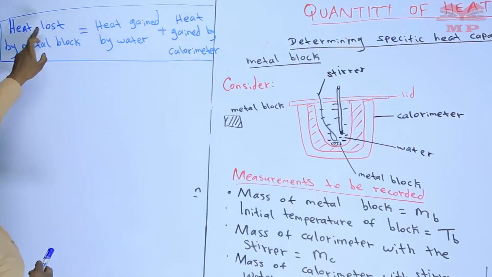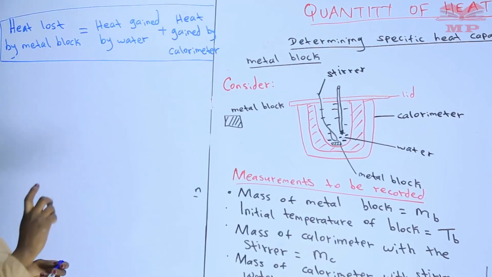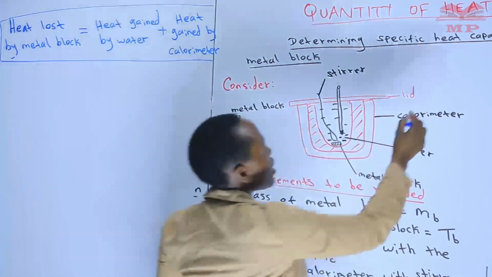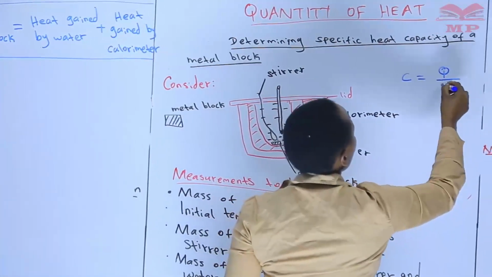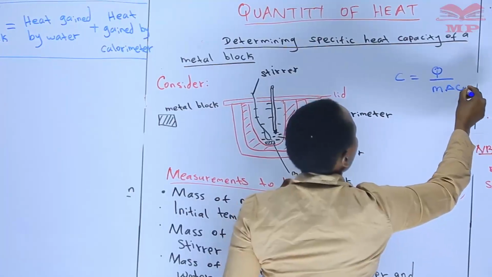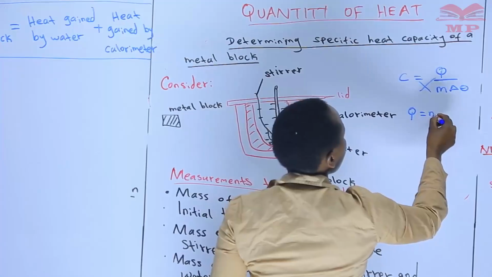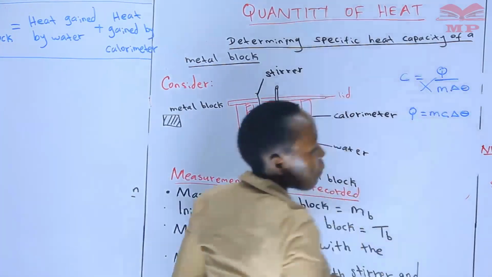And therefore, for heat lost by the metal block, remember the formula for calculating the amount of heat from the specific heat capacity. We say specific heat capacity is quantity of heat over mass multiplied by change in temperature. And therefore, quantity of heat is mass times specific heat capacity times change in temperature.